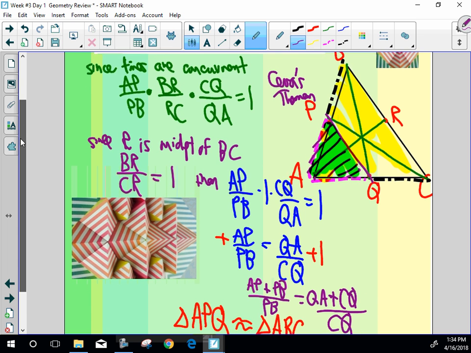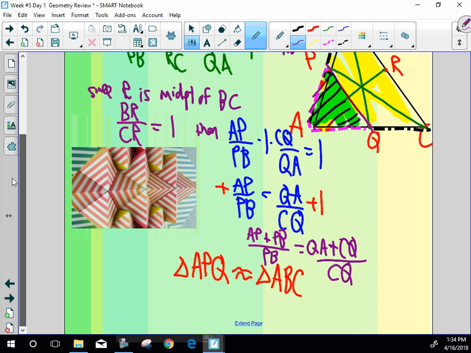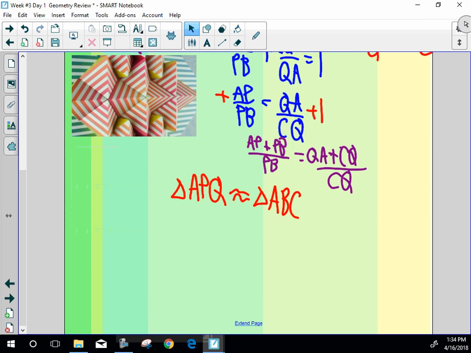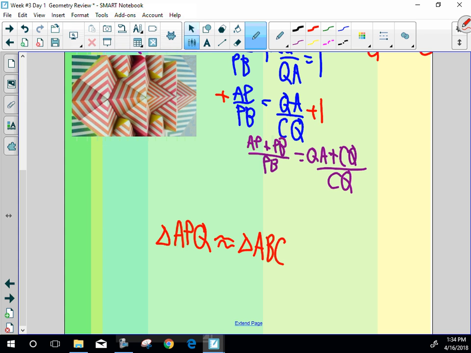AB. And what is AQ plus QC? AC. So we're going to get AB over PB is equal to AC over CQ, or QC, I guess.